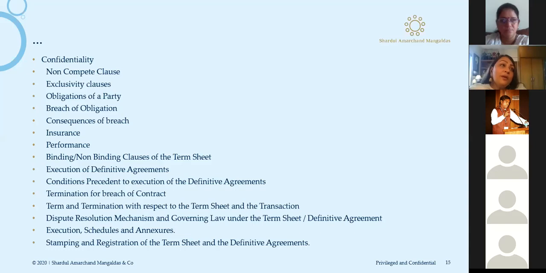You have the non-compete clause, where we have to keep two things in mind. You have to be familiar with the Competition Act, which will tell you about restraint.